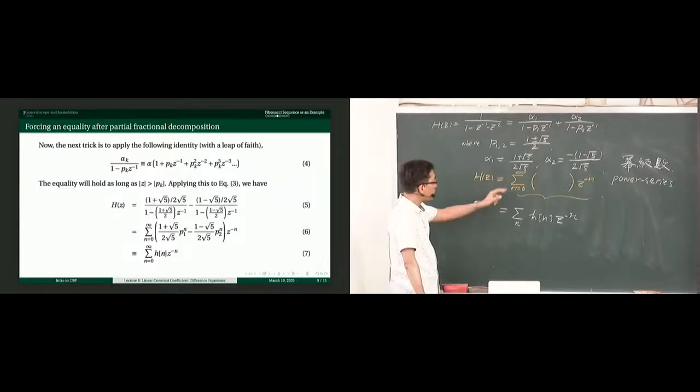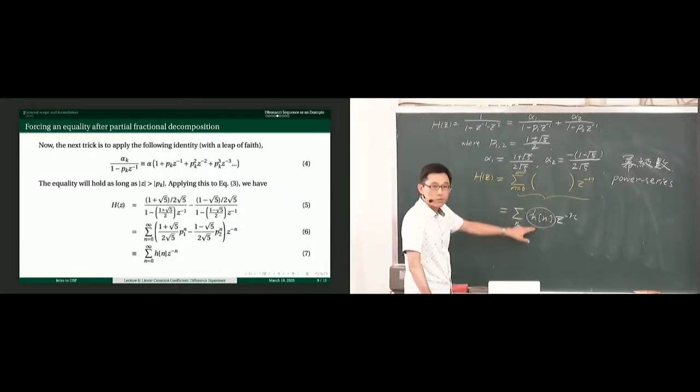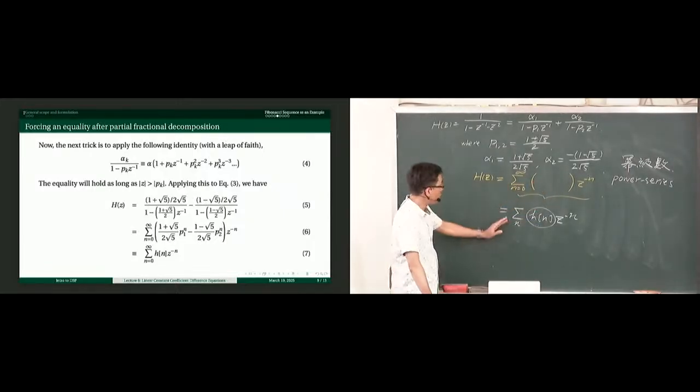The only chance for the two of them to be equal is for every coefficient right here to be the same. Each coefficient should be the same in order for the equation to hold. Otherwise, there's no way to hold. So that's just comparing the last two lines.